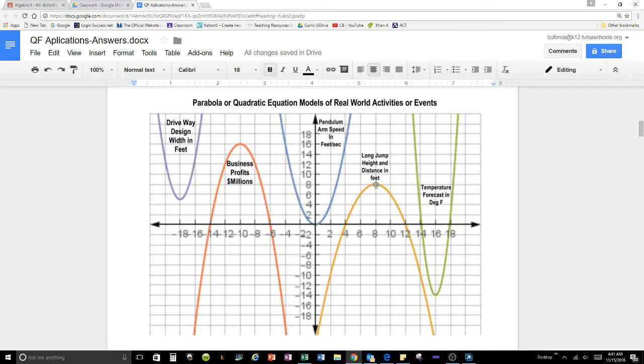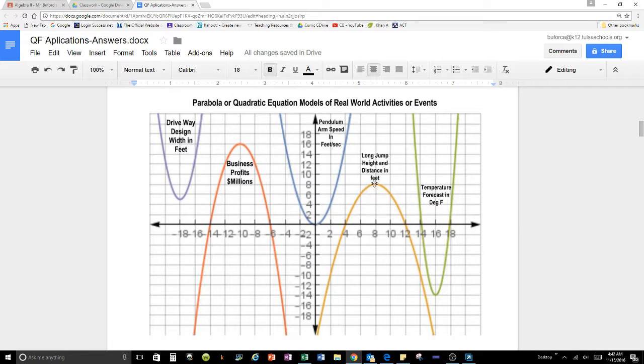The h for the long jump is 8. This x is 8 here, and the k is 8. So h and k are 8. The h for the temperature forecast is 16, and the k is minus 14. So you see how we found the h and the k.